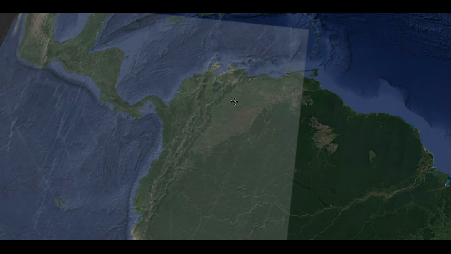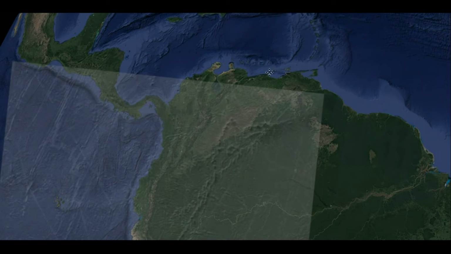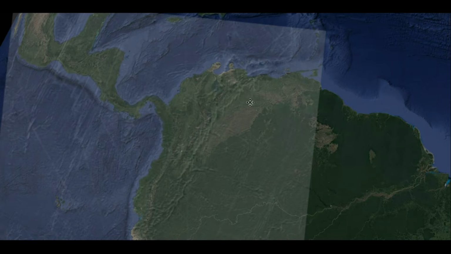See what I'm talking about? You see these square pieces right here? Well, you could see that those match up pretty well.